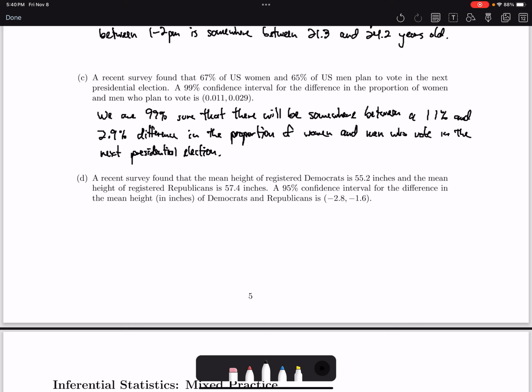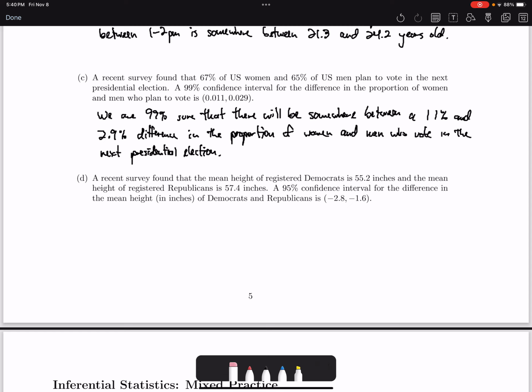This is a difference. And the reason we're getting negative answers is because Democrats are shorter than Republicans. So when you do 55.2 minus 57.4, you get negative 2.2, right?